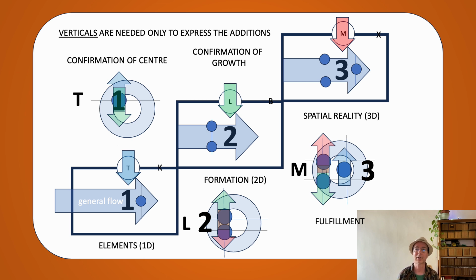And the last letter there, the M, on the 3rd level in the 3-dimensional space, you need 3 points, and these 3 points are getting back to the selection of you let something grow and you let something not grow, and only what is neutral grows into a fulfillment in space.